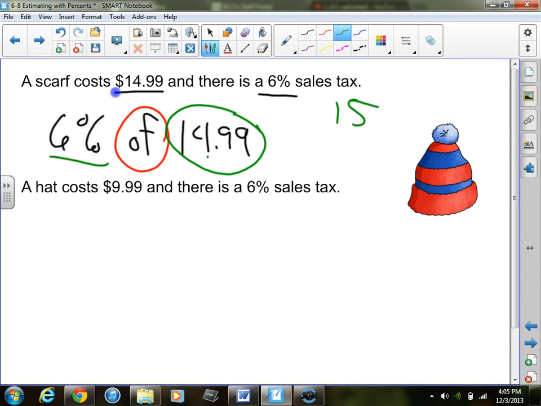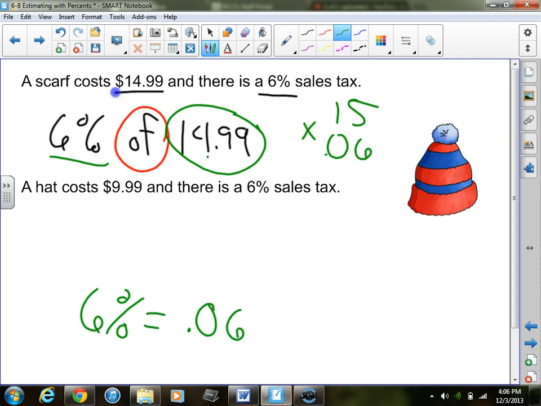Now, I'm going to remind you of one more thing. When we talk about percents, remember we learned that 6% is the same thing as writing 0.6/10. It's the exact same idea. So what I'm going to do is multiply 15 times 0.6/10.